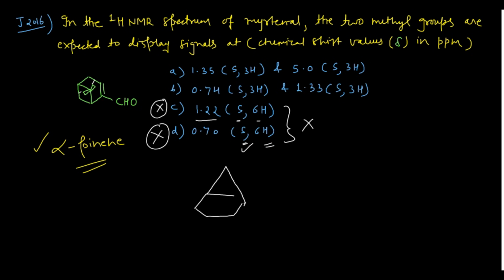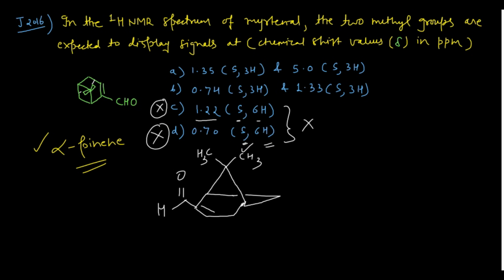So this is this one, and if I continue this bond here, this is this peak. This is the double bond which is here, and this is your aldehyde functionality, and this is your methyl and this is your methyl. This is CH3 and this is again CH3.